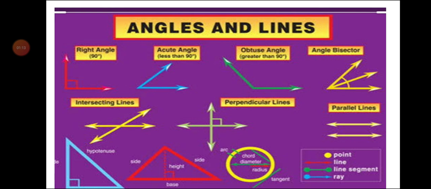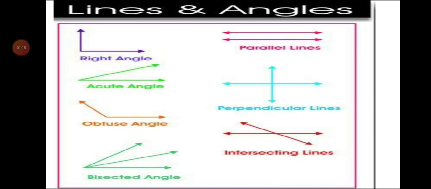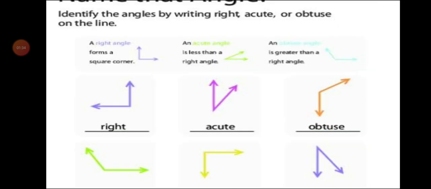Then you can see types of triangles. In this figure you can also see the purple shape, right angle, then green, acute angle, then orange, obtuse angle, bisected angles, parallel lines in pink, perpendicular lines represented by blue color, and intersecting lines.